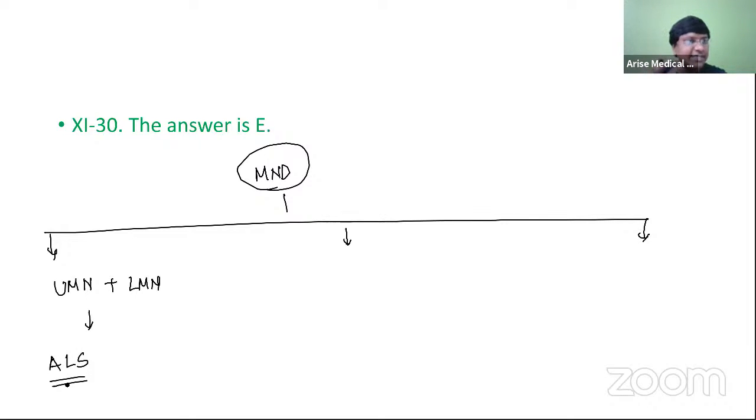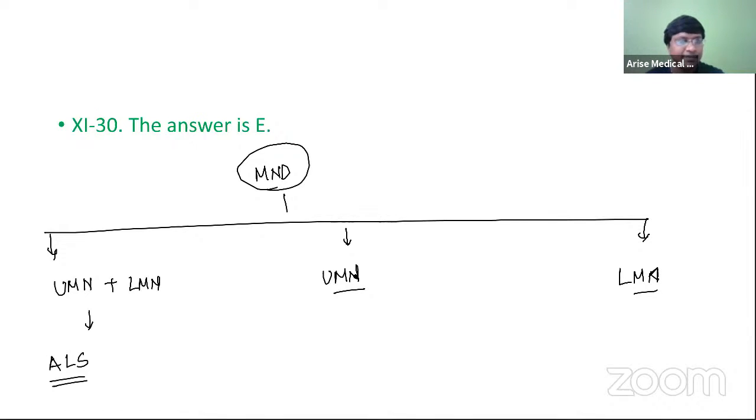And there are certain motor neuron diseases where you have only upper motor neuron involvement, and certain where there is only lower motor neuron involvement.